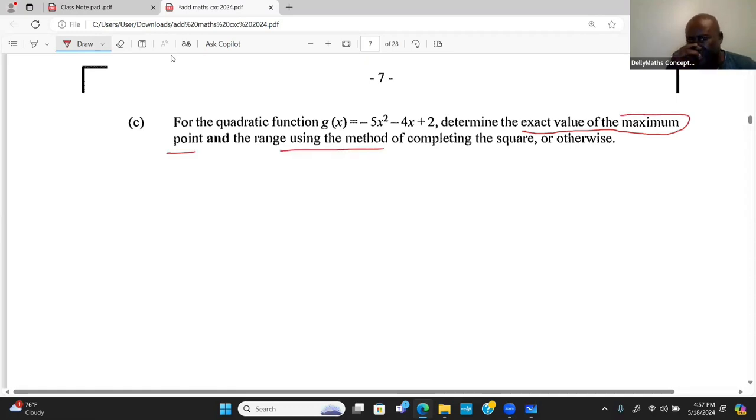When they say the exact value here, they don't want you to round it off, because you may end up getting some fractions. So instead of rounding off the decimal place, you're going to keep it as a fraction. That is why they say exact here, because they did not want a rounded figure. Fractions are exact, but when you round off, not really.